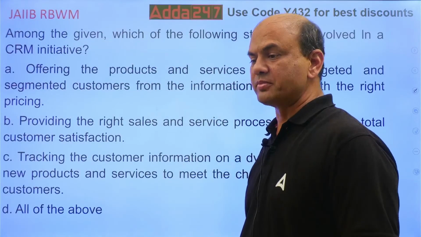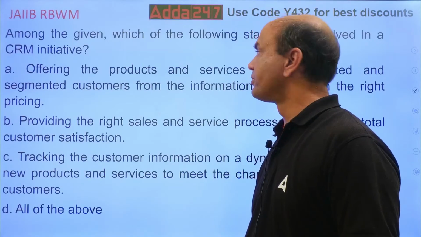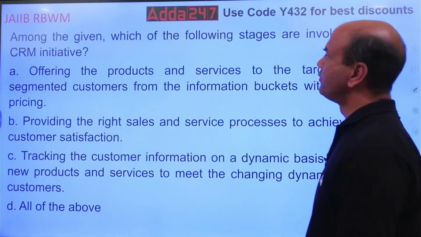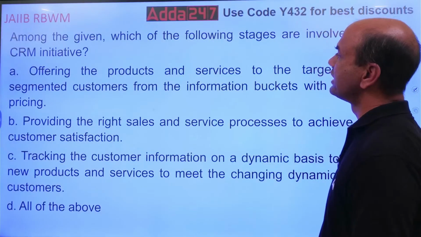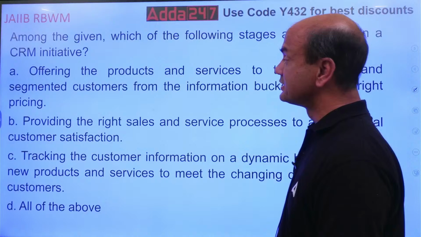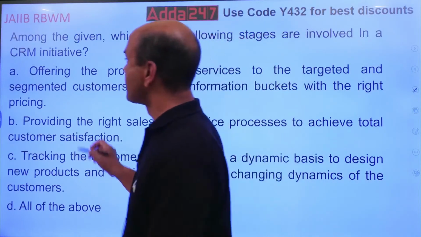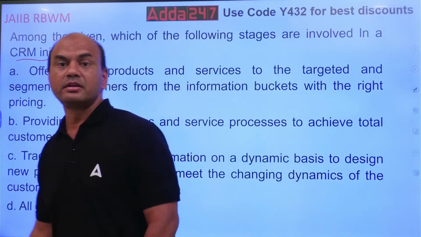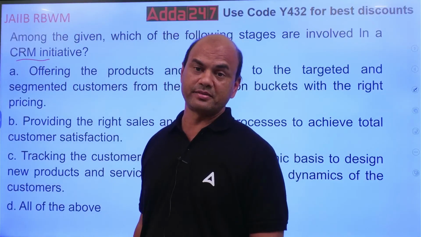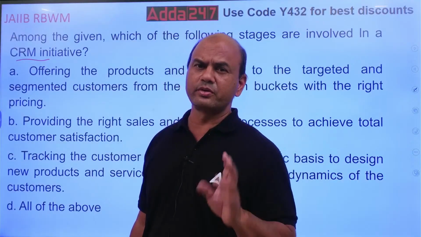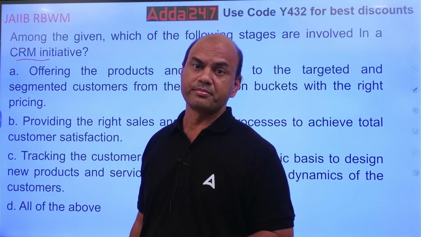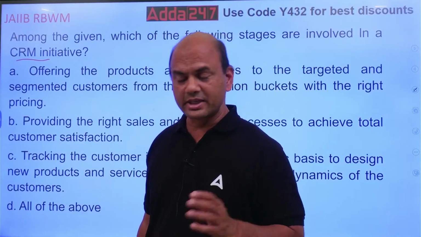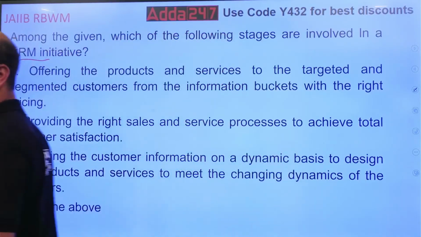Now let's solve some other questions. Among the given, which of the following stages are involved in CRM initiative? What is CRM? CRM means Customer Relationship Management. It is one of the chapters in your JAIIB, in RBWM. It's a separate chapter. CRM is mainly used for HNI clients.